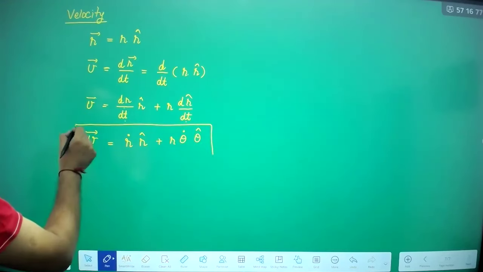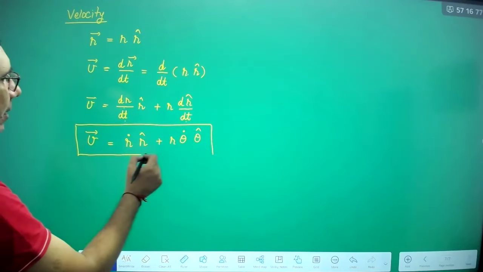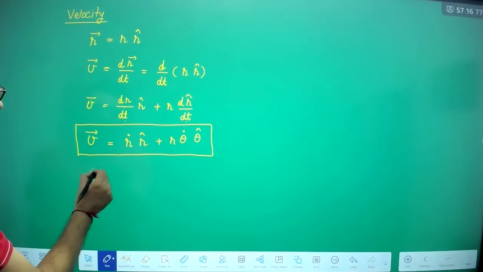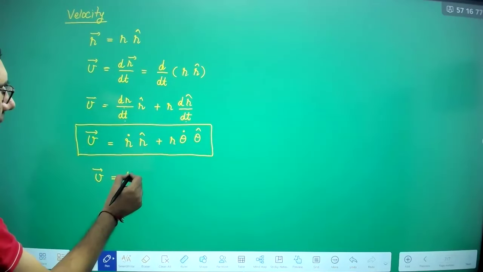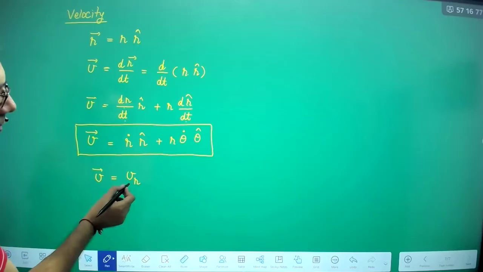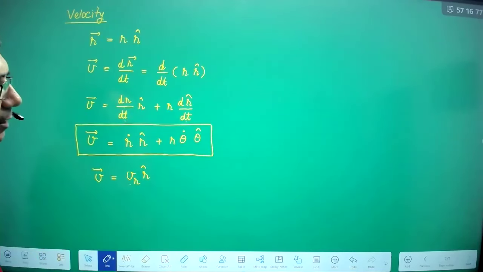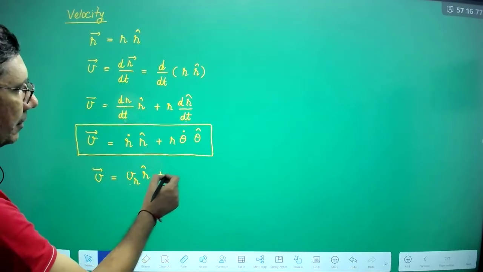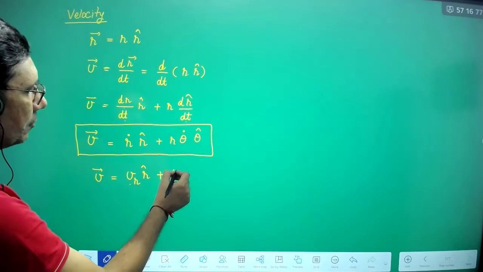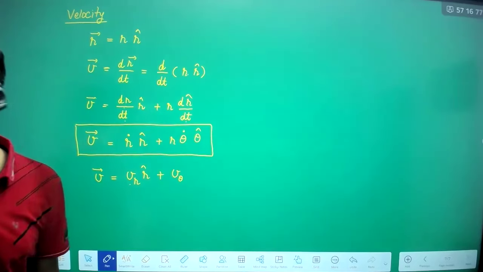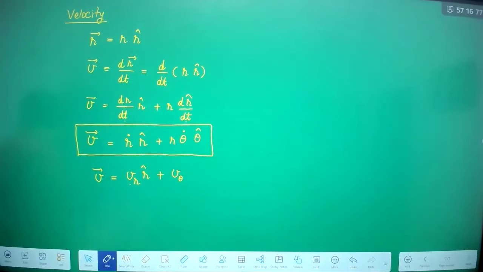Velocity vector will be equal to vr, the radial component of the velocity, in the r cap direction, plus r theta dot, this is called v theta, the tangential direction. So this will be theta cap.